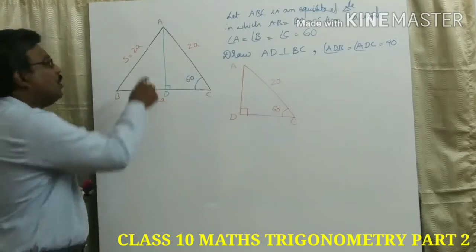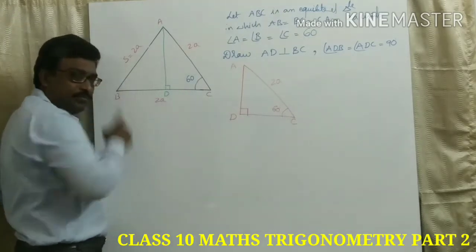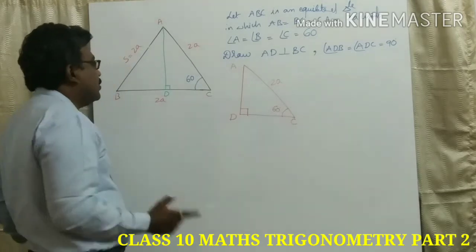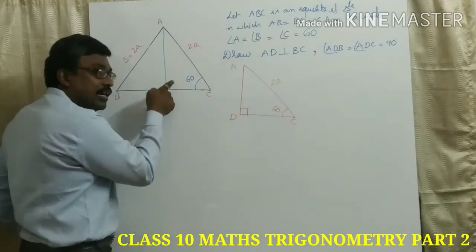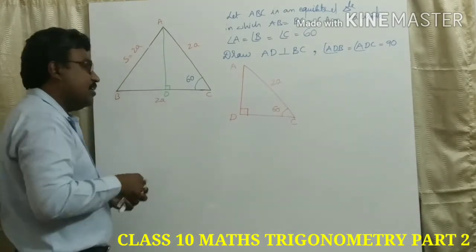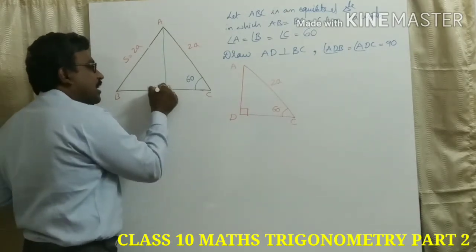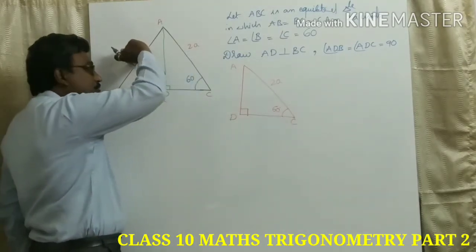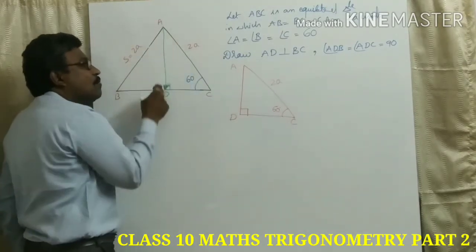And here two right angle triangles are there. Now, if you see, this is our right angle, 90 degrees. This is also 90 degrees, right angle. This is the hypotenuse, this is also the hypotenuse, and this is a common side.